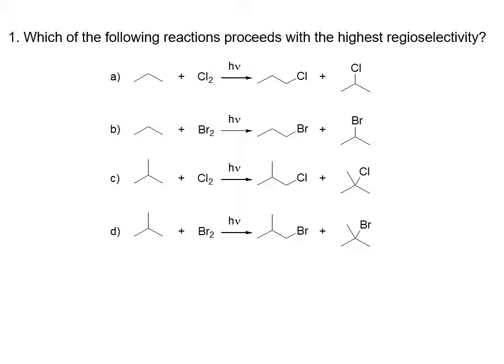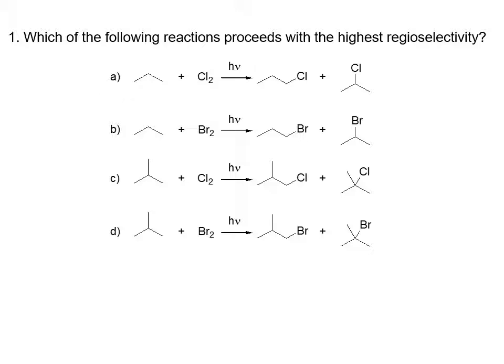The order of reactivities is primary, the least reactive, then secondary, and tertiary, the most reactive. So in answers C and D, we have the most reactive carbon atom, tertiary, being halogenated versus the least reactive, primary.